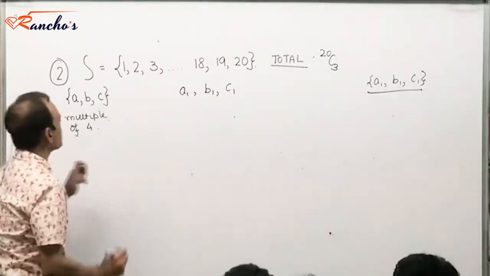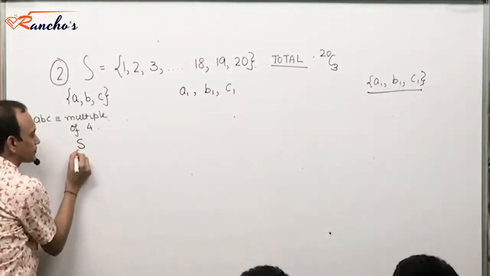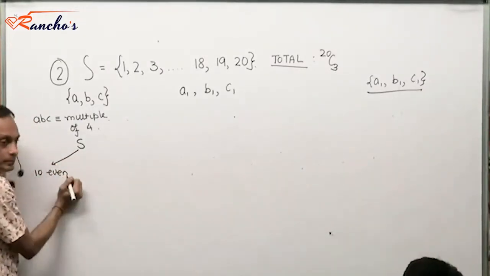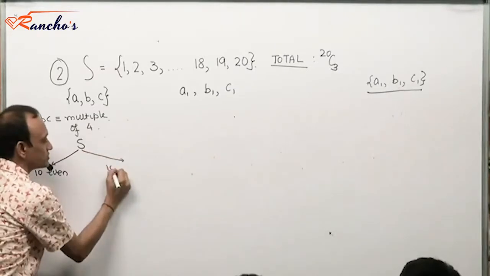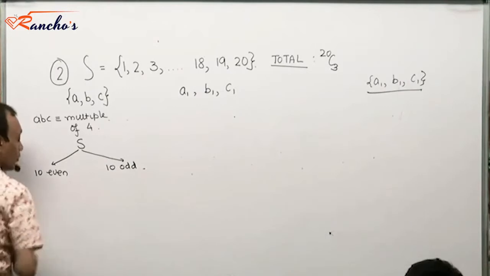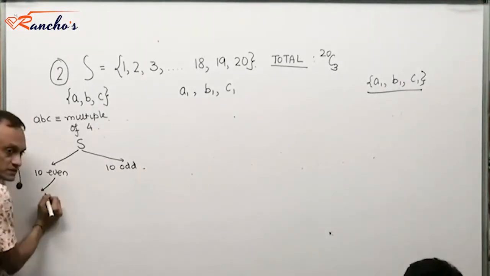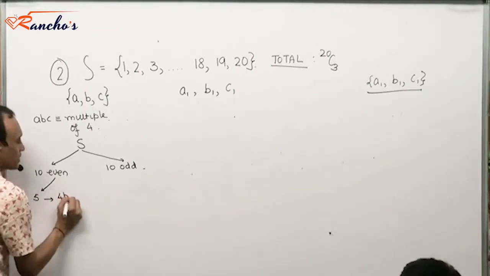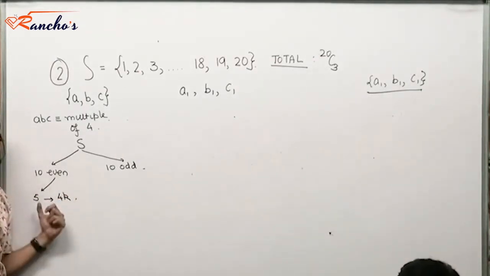Now, in this given set S, do you realize there are 10 even numbers and there are 10 odd numbers? Yes or no? Now, amongst these 10 even numbers, 5 are of the form 4k, isn't it? Because only alternate even numbers are multiples of 4.